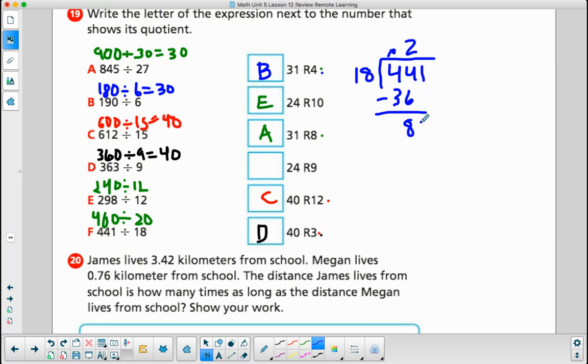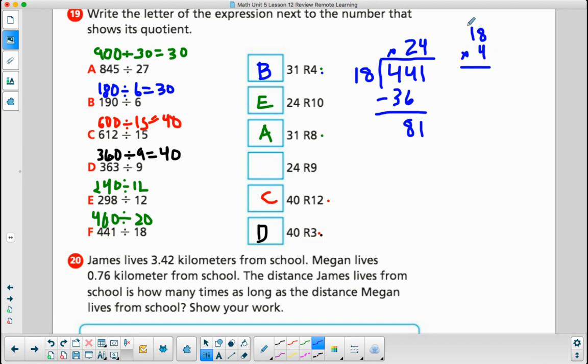Bring down the 1. Now this is supposed to be 4. Okay. Now, I don't know this one. I could double 36 because 4s are doubling and doubling again.